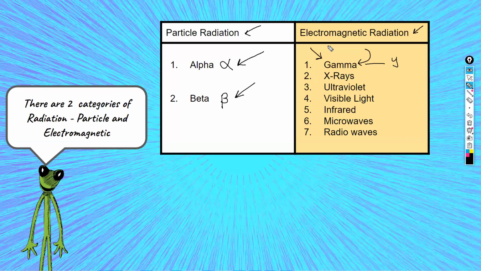Remember, I told you that when atoms are sick, they shoot out things or get rid of things. The three things they get rid of are alpha, beta, and gamma. Those are the only three we're going to discuss for radioactivity. The rest of these, we will not be talking about with regards to radioactivity.